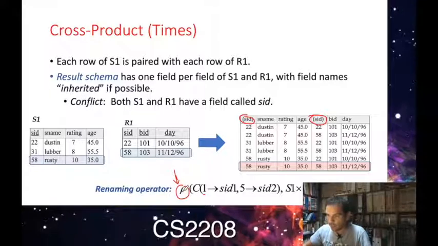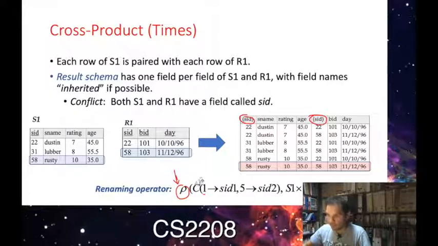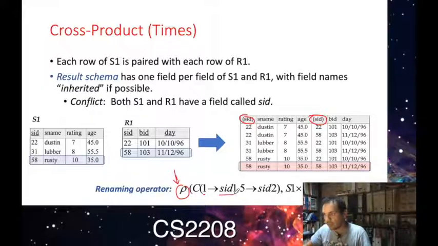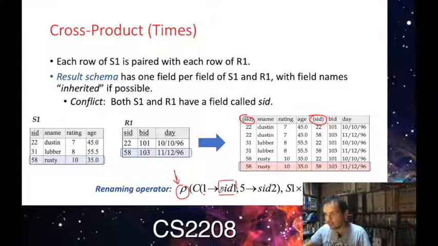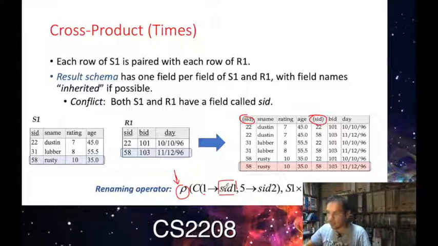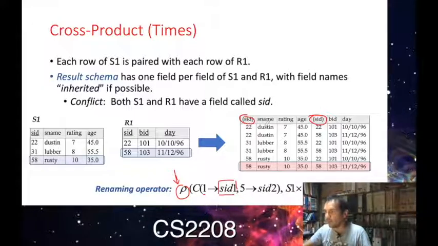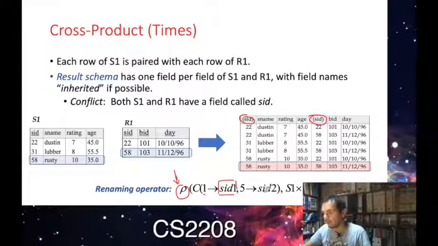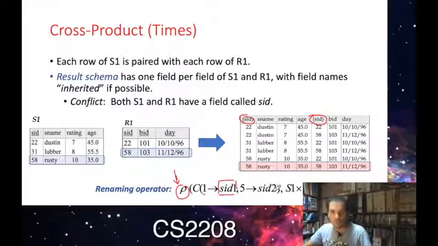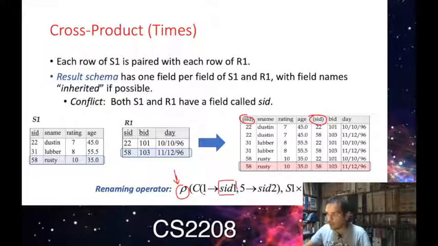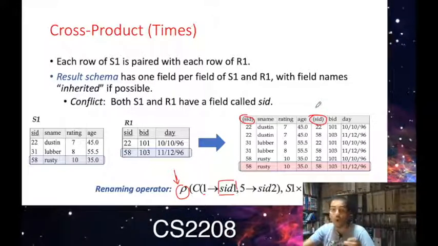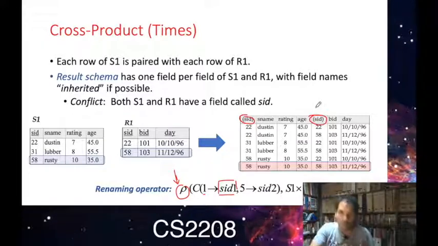We use the rename operator, C equals C. The first attribute we rename to SID1, and the fifth attribute, 1, 2, 3, 4, 5, we rename to SID2. This is what we are doing here, in order to be able to differentiate and know how to refer to one attribute or the other.